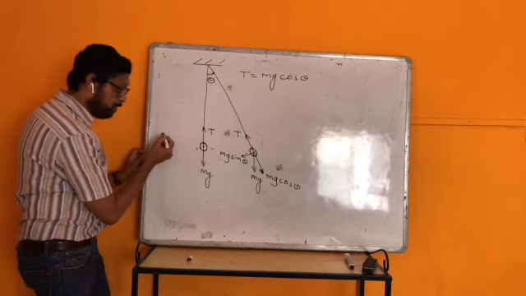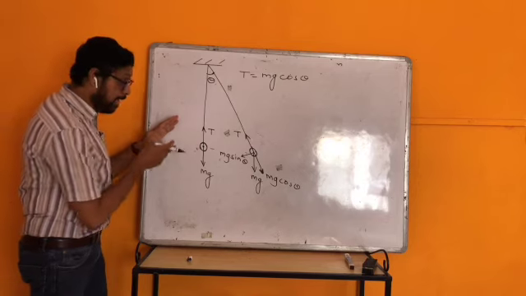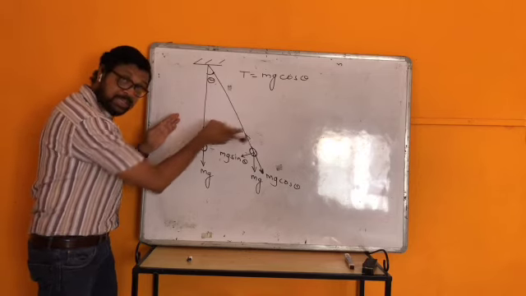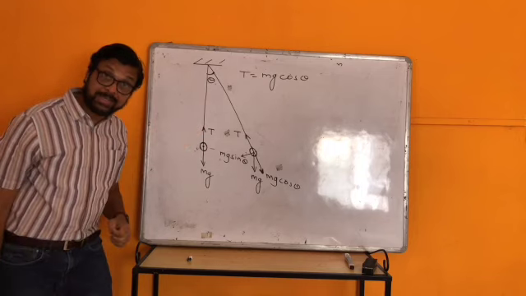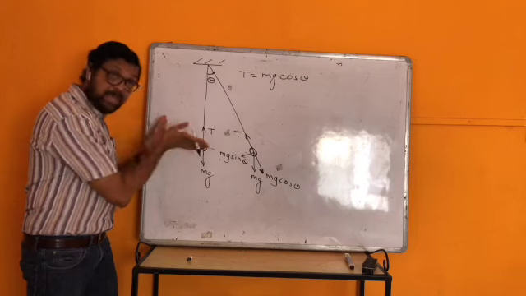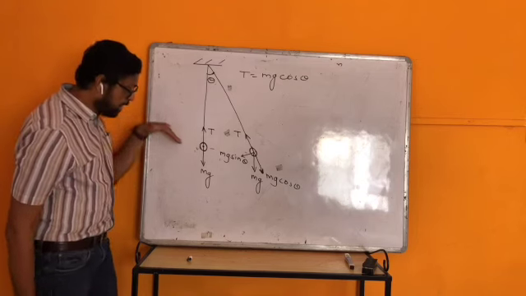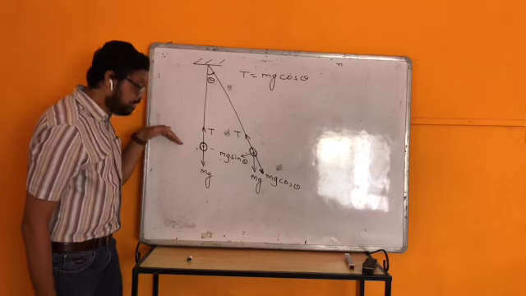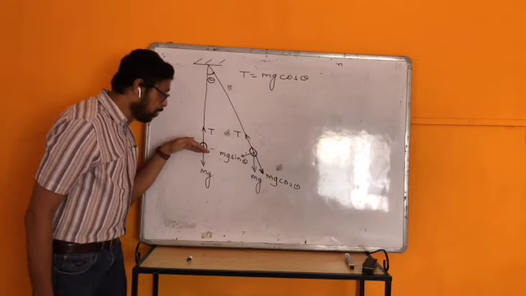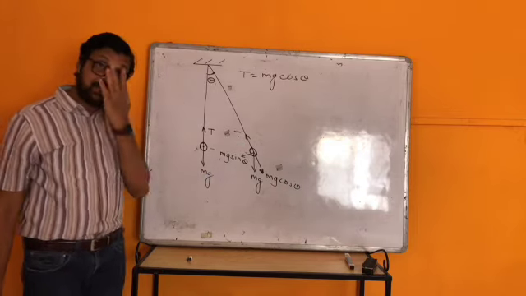As it moves further, theta goes on increasing, and mg sin theta, now in this direction, will also go on increasing. So at one stage, due to that mg sin theta, the bob will stop, and then due to that mg sin theta it will travel back, not stop here, and move further. In this way, it will perform oscillatory motion.